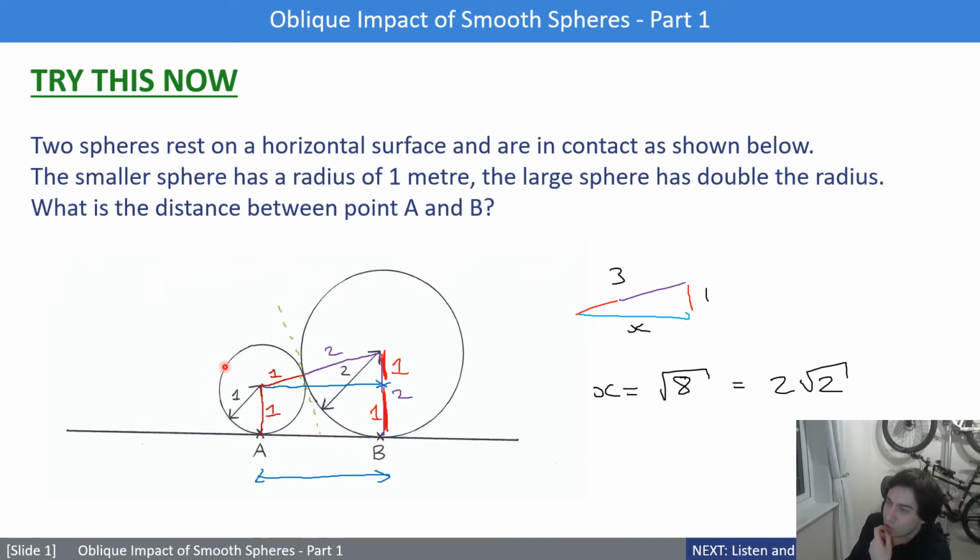So when two spheres are in perfect contact, just keep in mind that the distance their centers are from each other will actually always be less than the sum of their radii. So 1 plus 2 gives me 3. That's the most it would ever be if they were in contact and you were just measuring the distance between their centers. But if you're measuring it as a horizontal component, it's going to be less in this case. Cool.